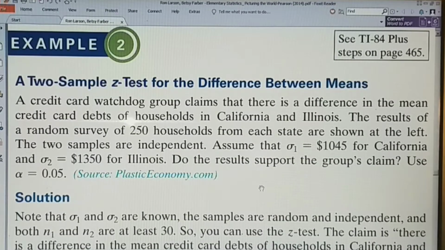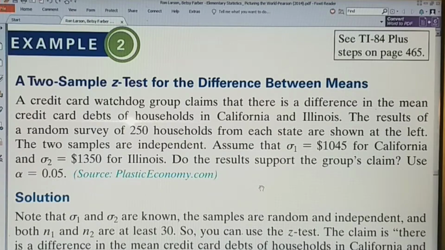So, for example, a credit card watchdog group claims that there is a difference in the mean credit card debts of households in California and Illinois. The results of a random survey of 250 households from each state are shown at the left.